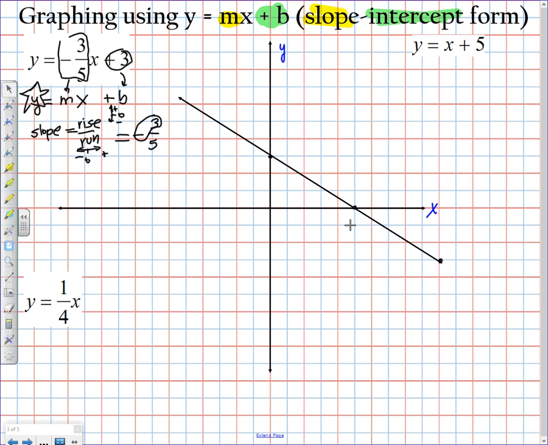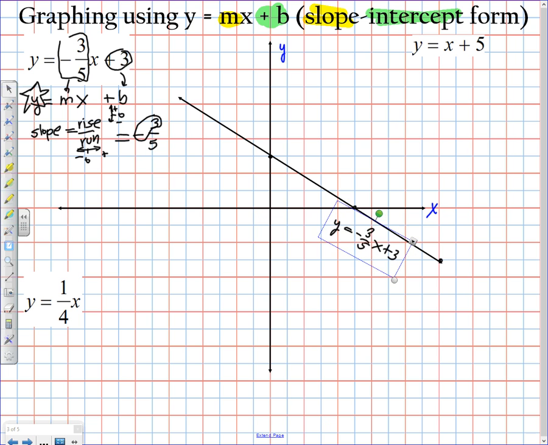So that's my equation. The name of this line is y is equal to negative 3/5 x plus 3. This is the name of the line. You don't have to do this in the homework.